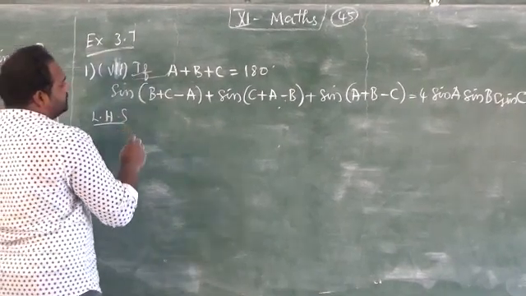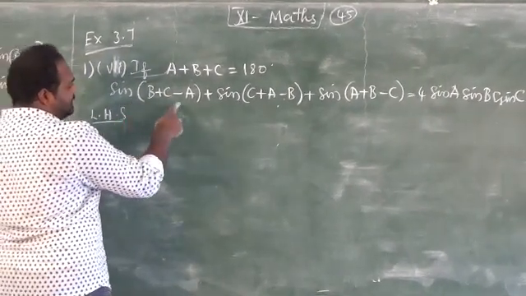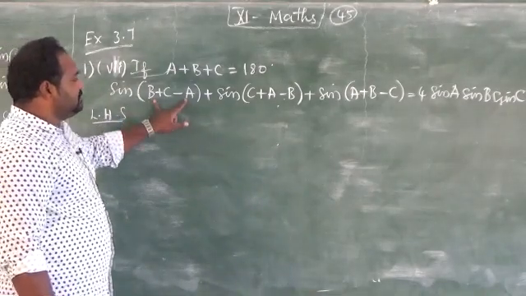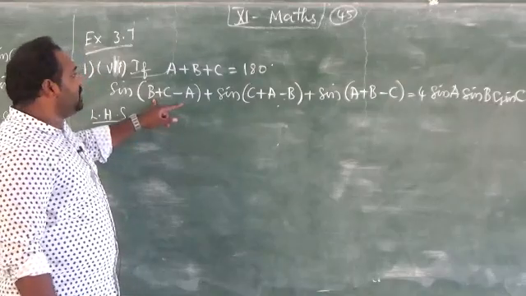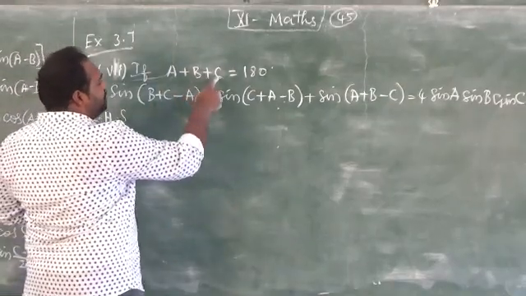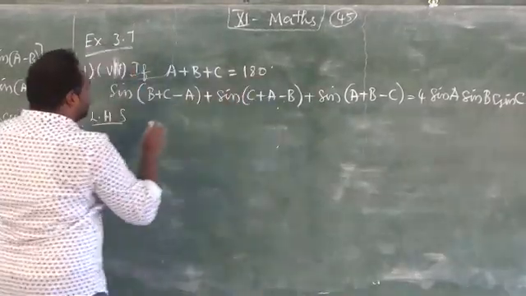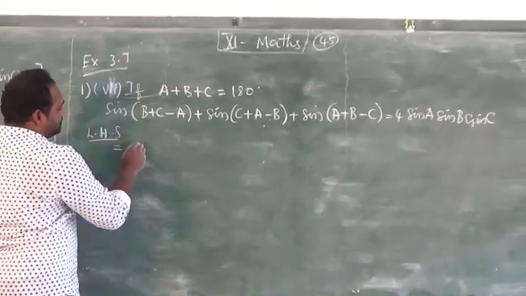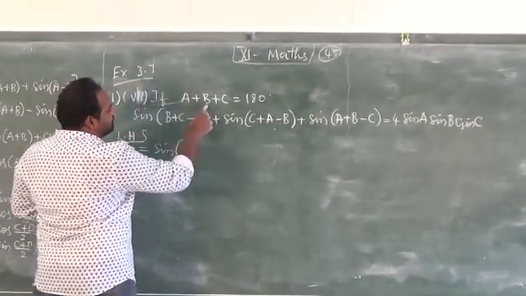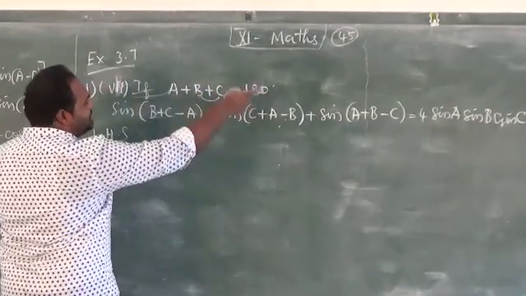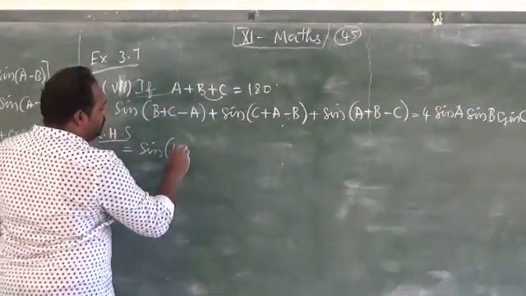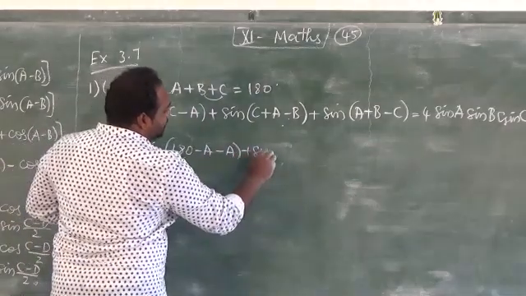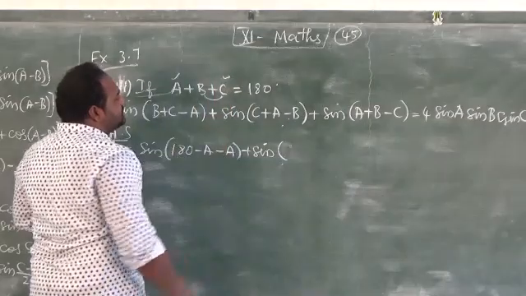In this side we can use the sin C plus sin D formula directly, but here we have 3 terms in this bracket. So to simplify these terms, instead of b plus c, I can take 180 minus a. LHS side: sine of b plus c, instead of b plus c I can write 180 minus a, already we have minus a here, plus sine of c plus a.